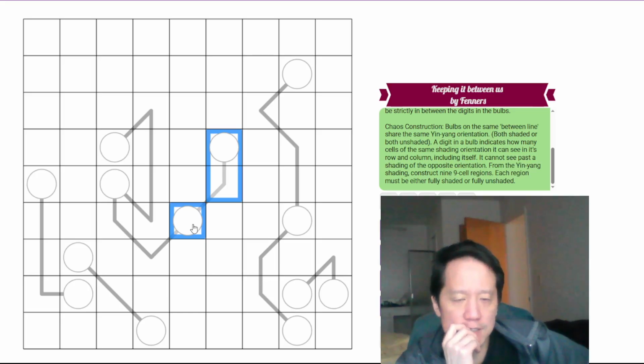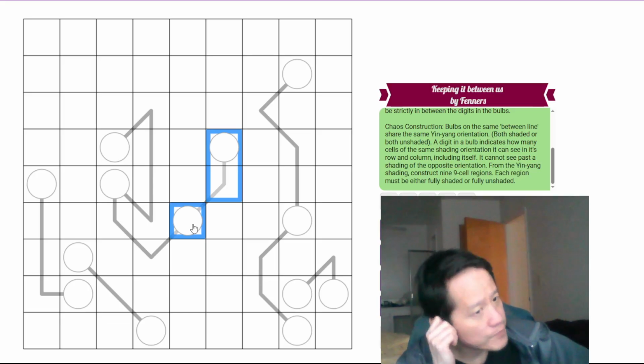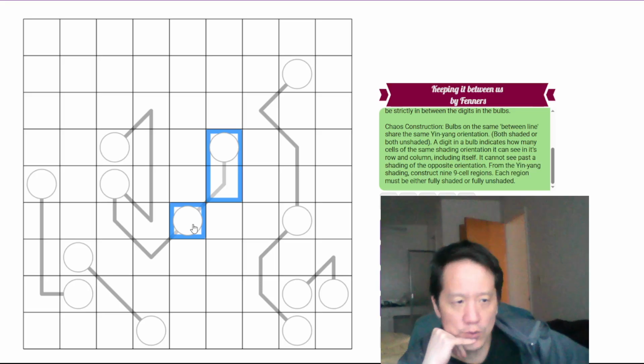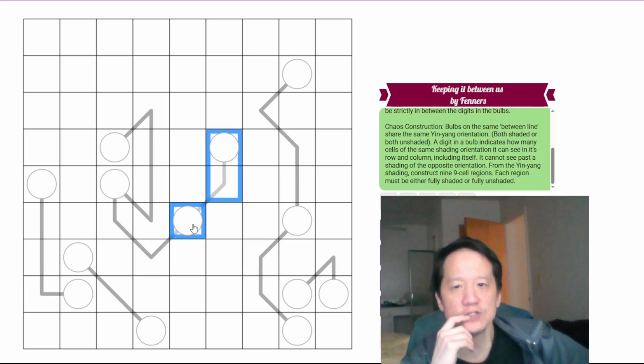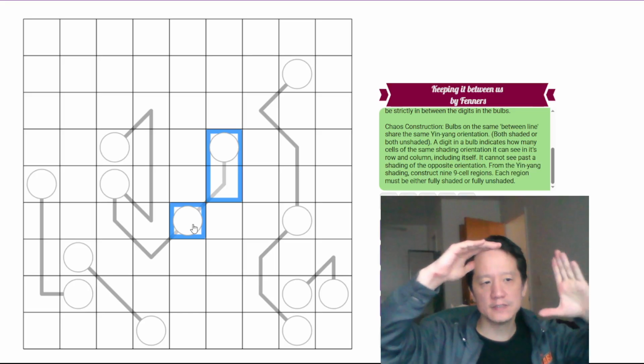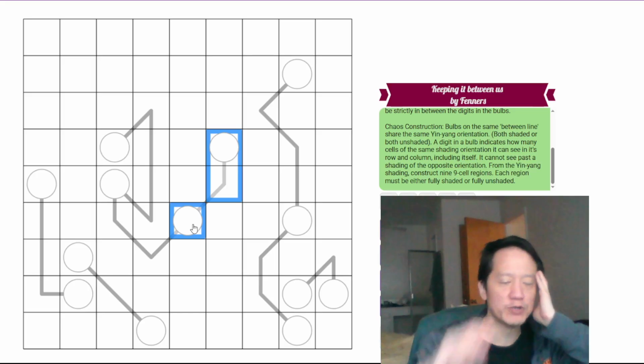Because if you did have a 2, it would have to have a 1 that's surrounding it in the between line.